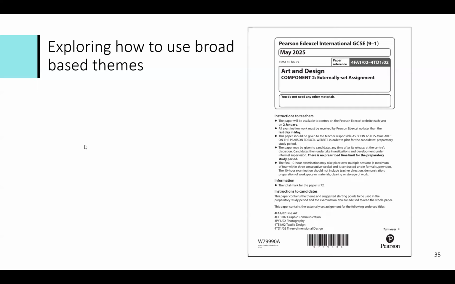Students can feel confident completing the ESA with these themes because they are broad-based, so it allows a lot of scope for candidates to tap into their independent and individual interests and knowledge that they have built up throughout their studies in Component 1. This is an opportunity for them to refine their knowledge, understanding, and skills developed throughout the course. And the exam paper provides several helpful starting points with images of artwork that are designed to encourage and inspire initial ideas.